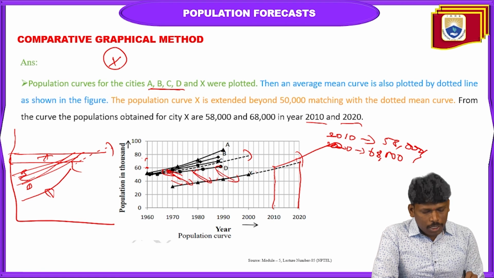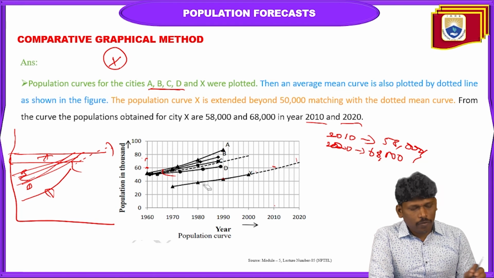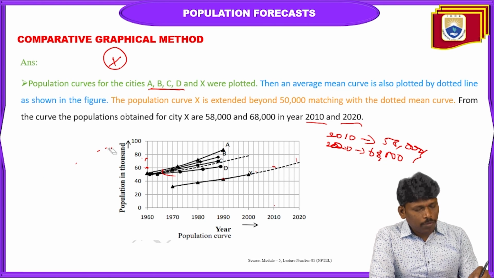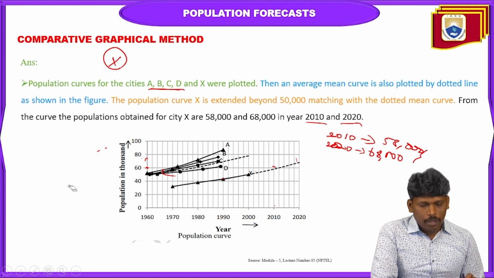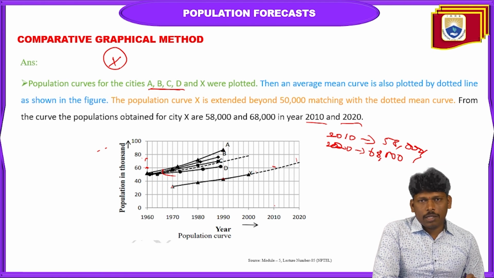Here the population is nearly 58,000 in 1990, but our city X data shows nearly 40,000 only. So we have a chance to compare, and then we fix the design period and the population. With this method there may be a possibility of overestimation as well as underestimation.